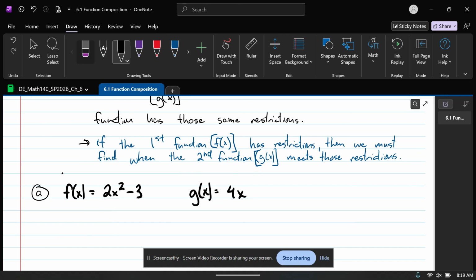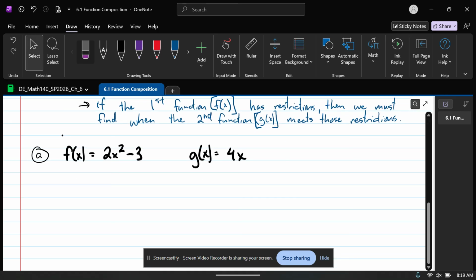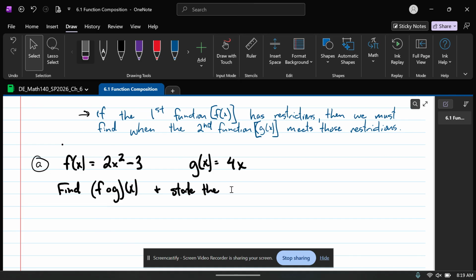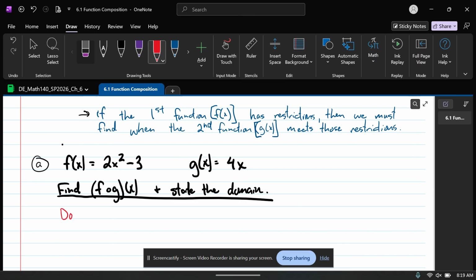When I'm doing this and they want me to find f composed with g of x and state the domain, that's the instructions of what I'm supposed to do. The first thing I want to do is find the domain of each piece.